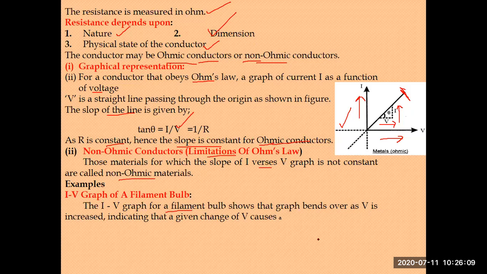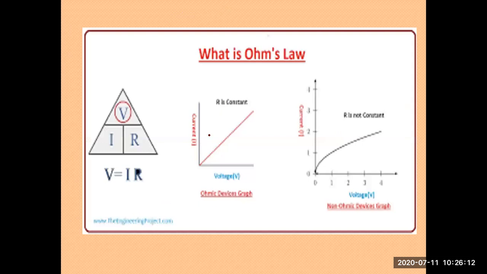If you look at it, here it is. This is a straight line. This is the ohmic type of substance, between V and I, current and potential. You will see the graph is a straight line between the two. These types of substances will be called ohmic substances.